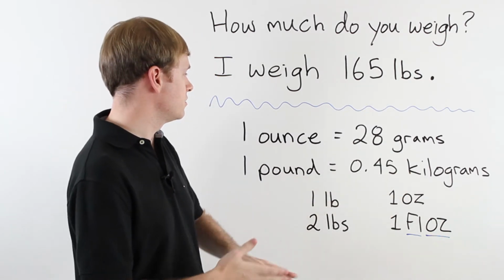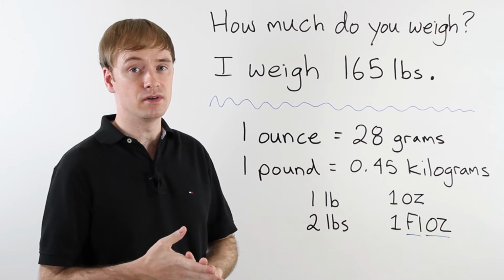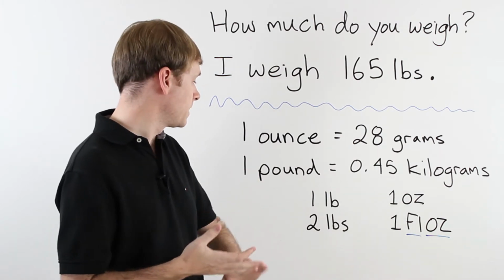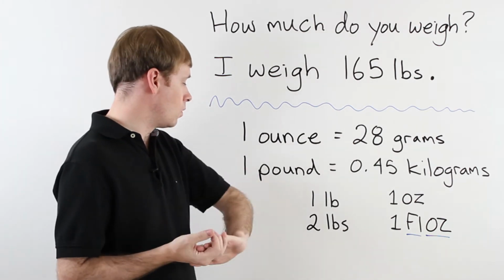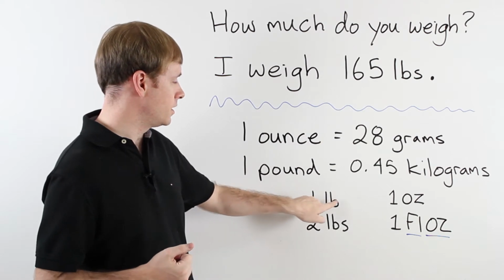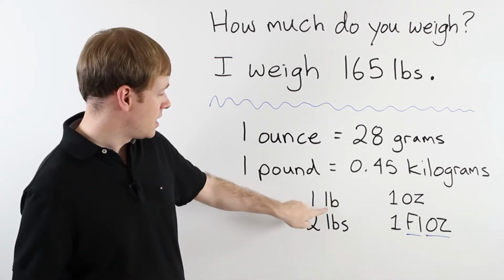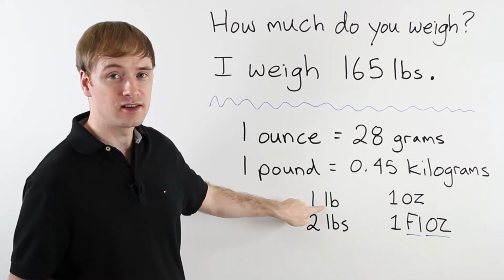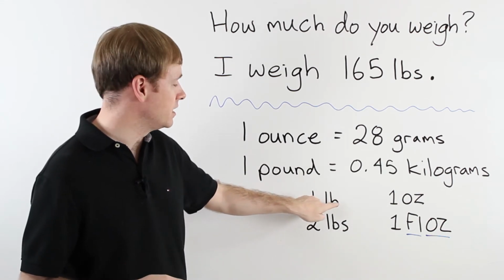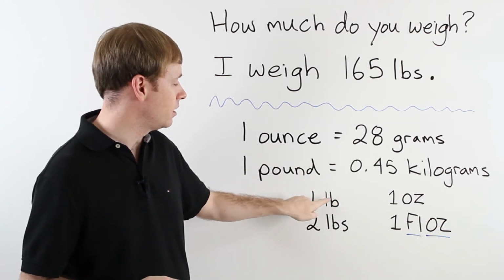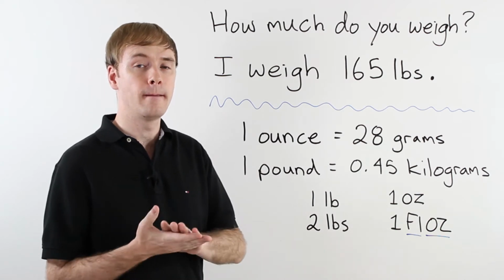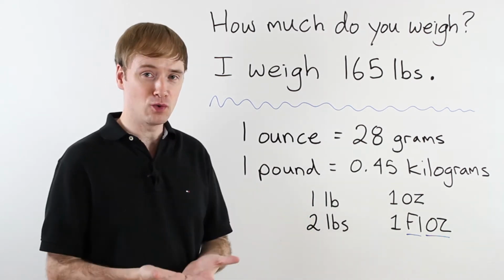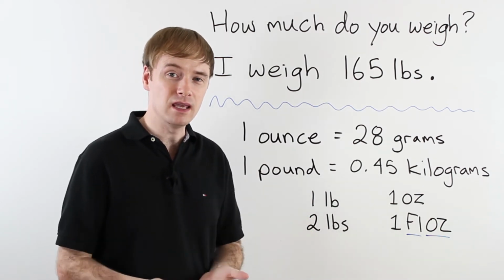These are not exact numbers, it's just around. Now, how to write 1 pound? This is 1 pound. This is not a 1, this is actually an L. LB, 1 LB. That means 1 pound.